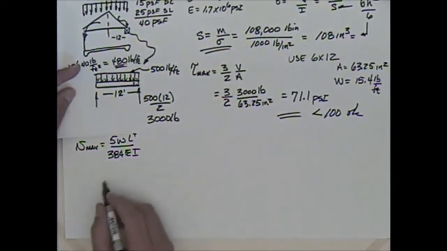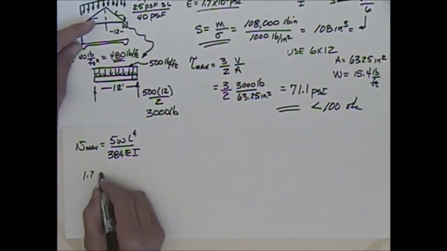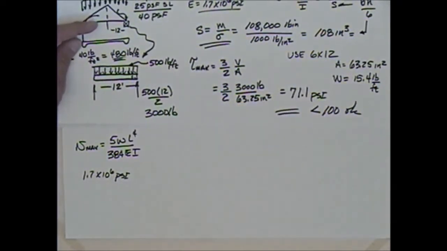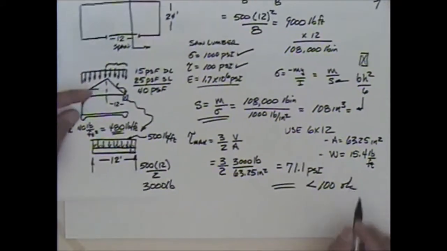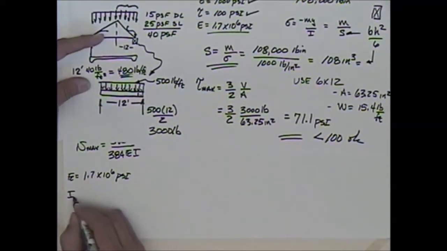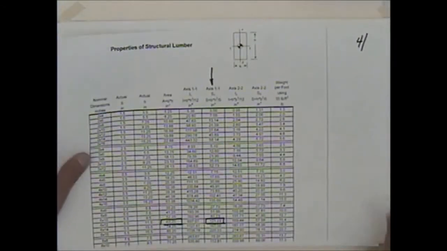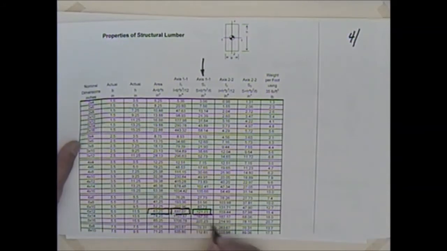Okay, so maybe we want to run back here and write down what we know about this. We've got that E is 1.7 times 10 to the 6th PSI. That'd be for Doug fir number 2. Then I got the area and I got W, but I didn't get I, did I? So I better say if this is E, then we have I. And go to this table and get I. What's I for this thing? The 1-1 axis, 697.07.